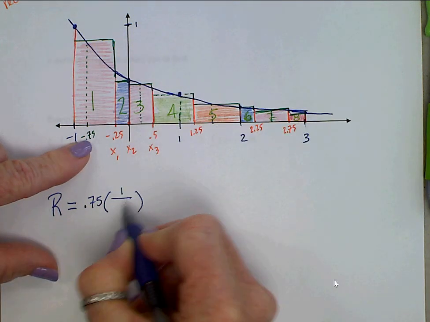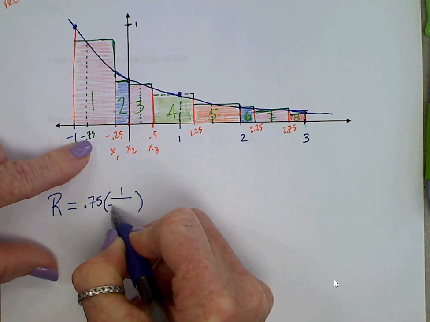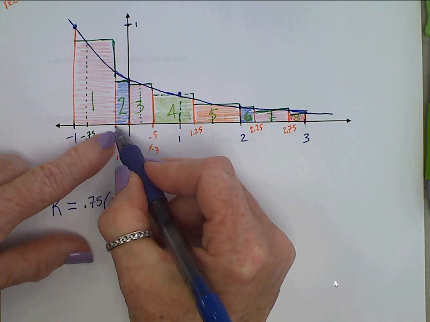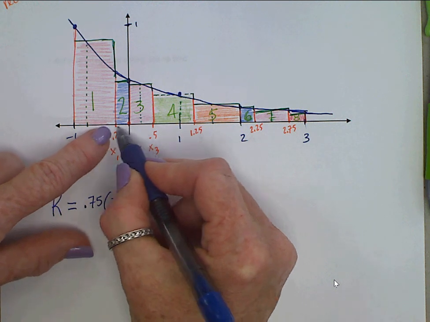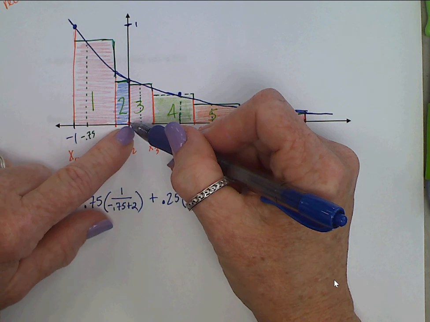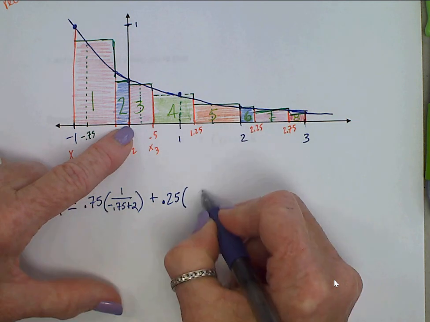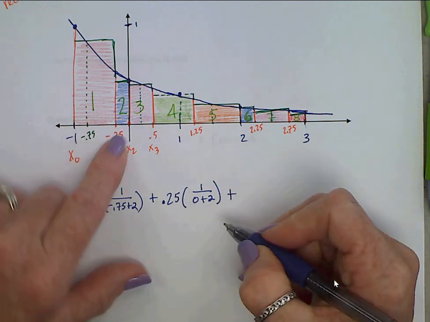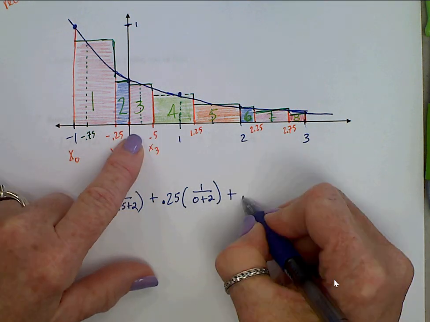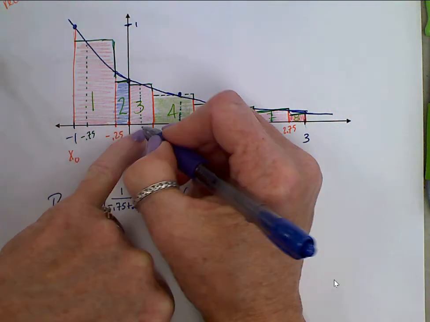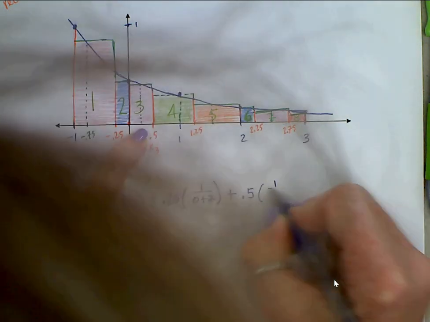So 1 over -0.75 plus 2. Second rectangle is 0.25 wide, and its height is determined by where 0 is plugged into the function. Third rectangle is 0.5 wide, times its height where 0.25 was plugged into the function.